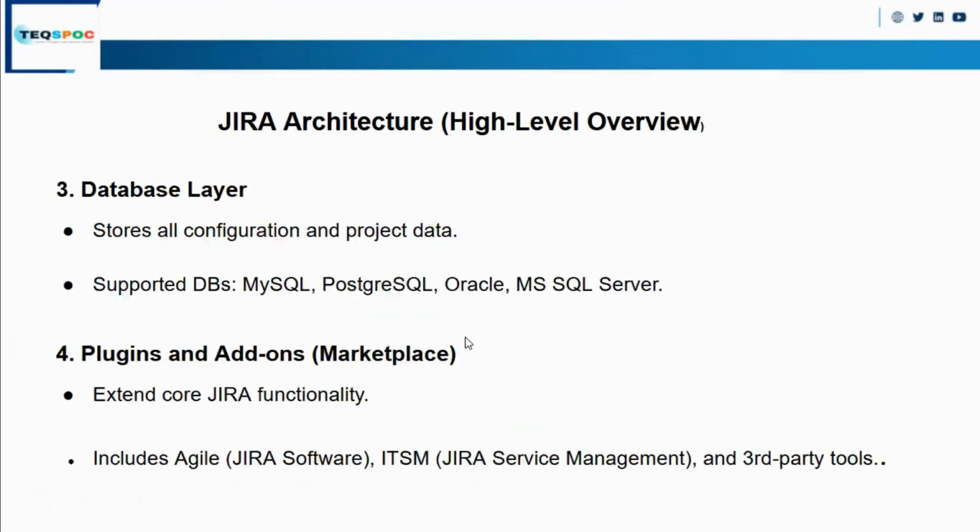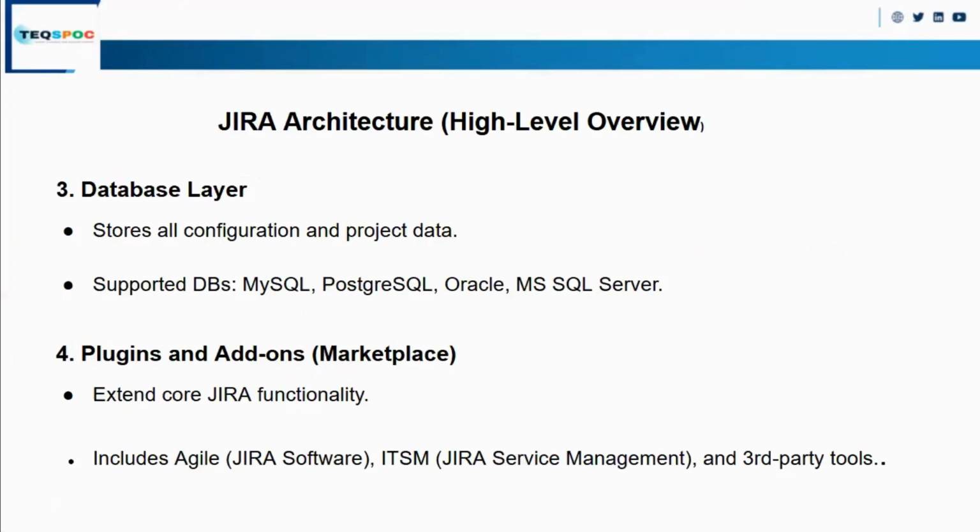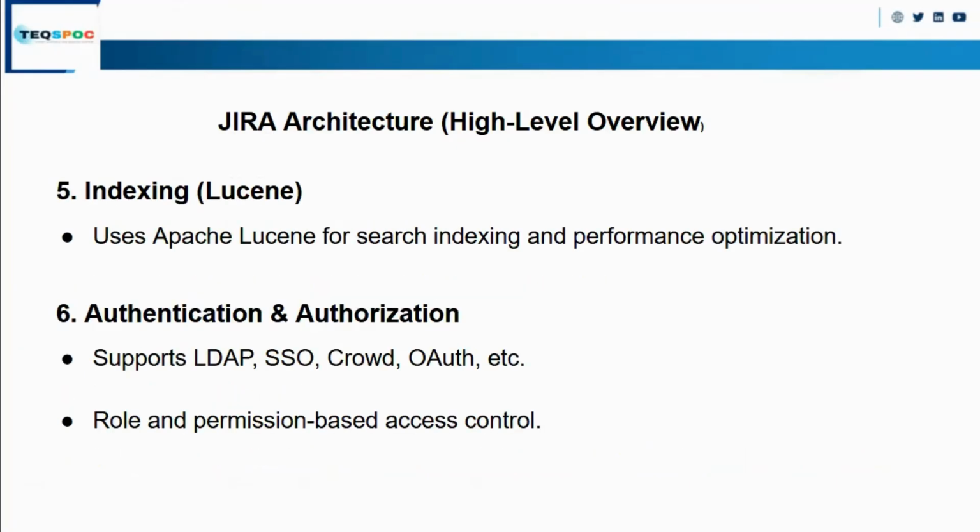So this is basically the Jira architecture, where you have seen the UI and the core Jira layer. You have seen which language the Jira software is made in, that is Java, and which framework Jira has used, Apache, and what it is used for: tracking, workflow, and permissions. Then you have seen which databases it supports, MySQL Server and PostgreSQL, and what the plugins, third-party tools, and marketplace are under the Jira architecture.